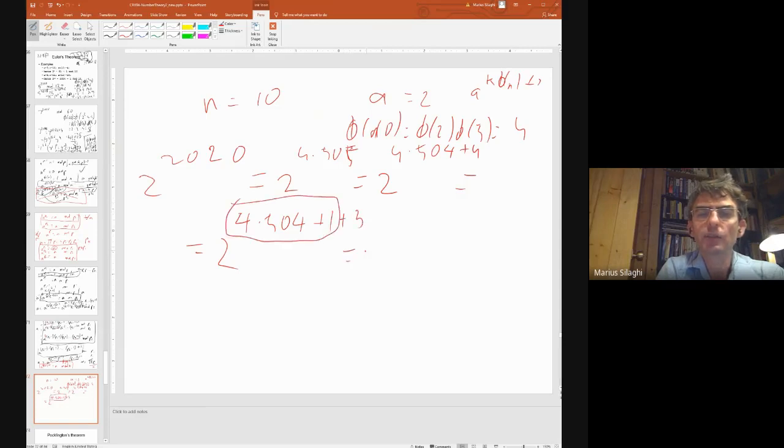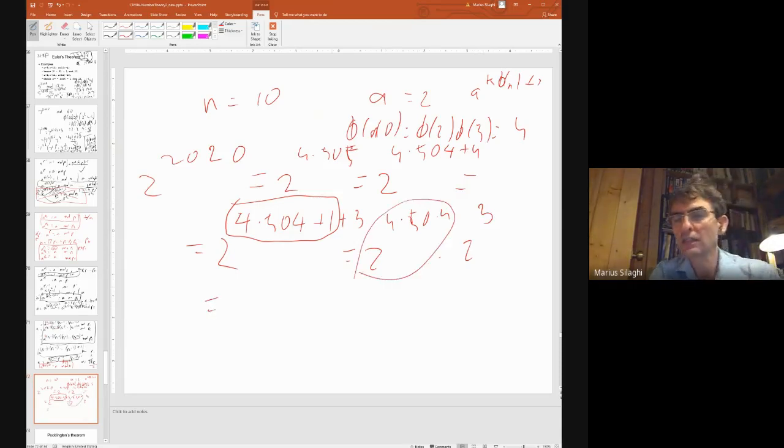So it's going to be 2 to the power 4 times 504 plus 1, times 2 to the power 3, which is going to be equal, this one now from the RSA generalization of Euler theorem, to 2, because A to the power k times a multiple of Euler totient plus 1 is equal to A. That's the generalization.